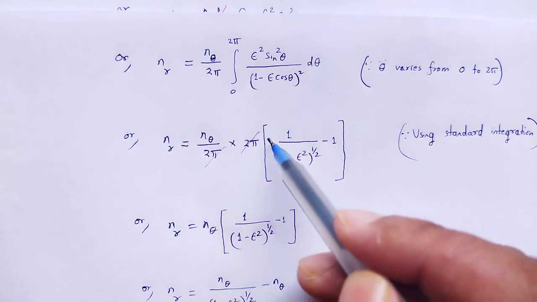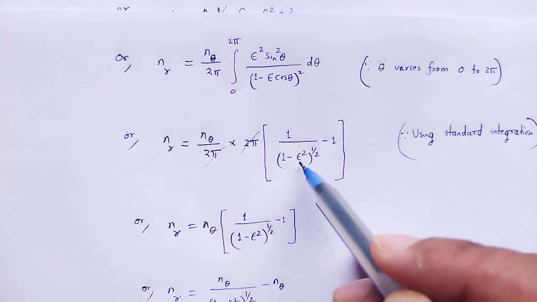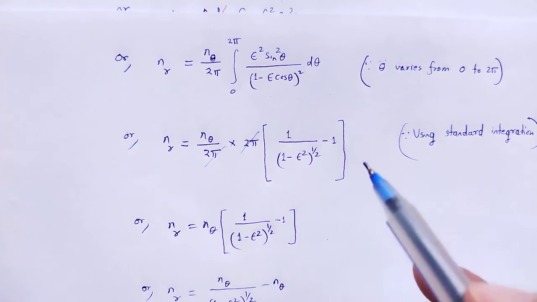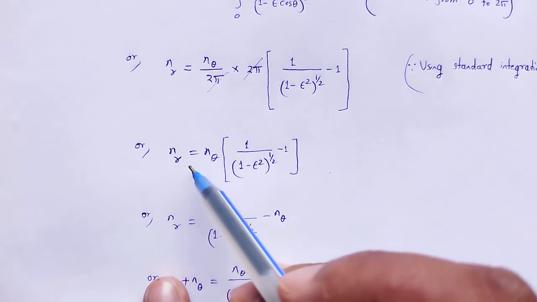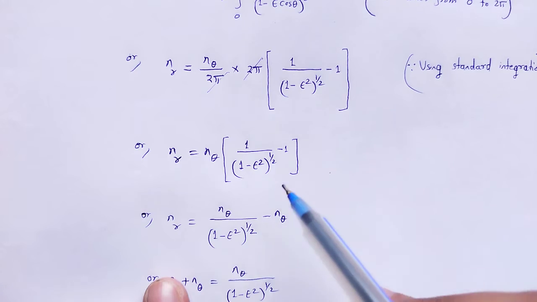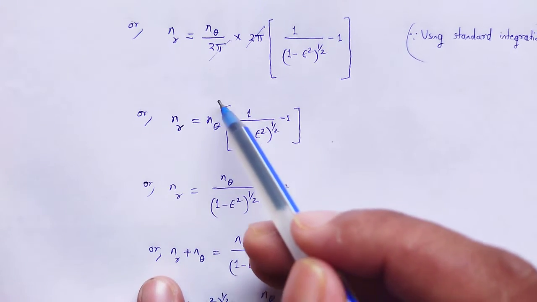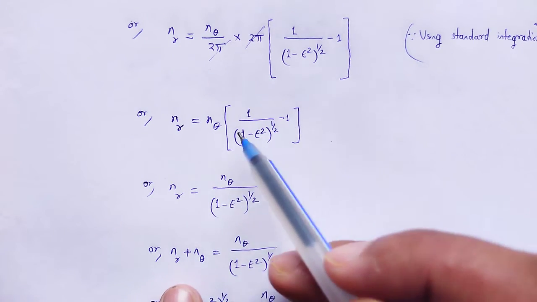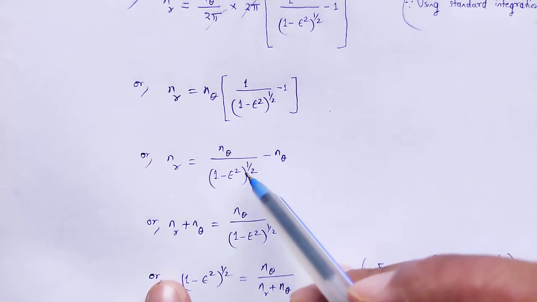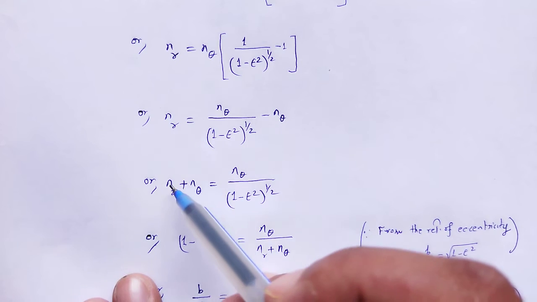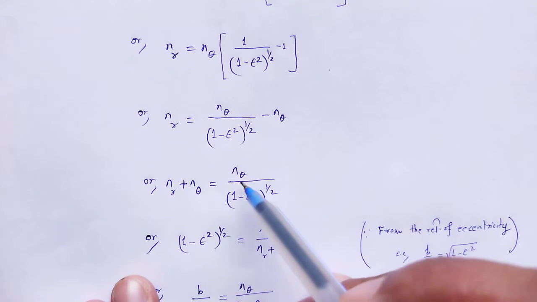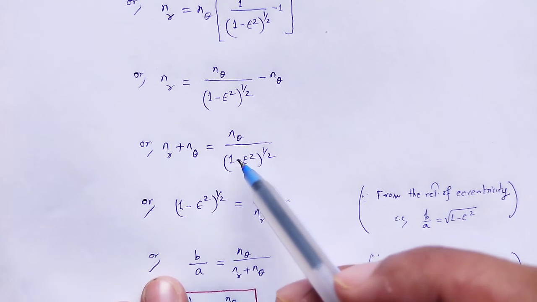So it is 2 pi whole into 1 divided by 1 minus epsilon square half, minus 1. 2 pi cancels out. So nr is equal to n theta whole into 1 divided by that, minus n theta. So n theta is added to this side: nr plus n theta is equal to n theta divided by that much.